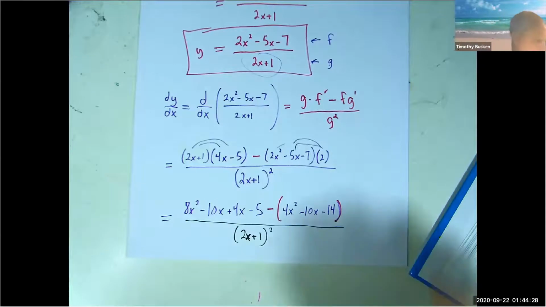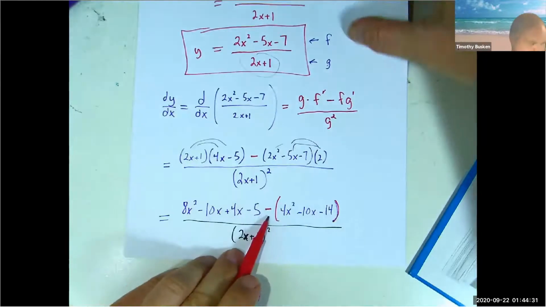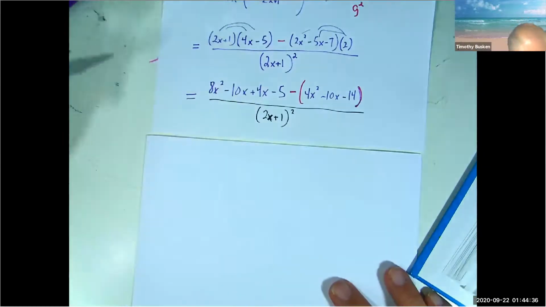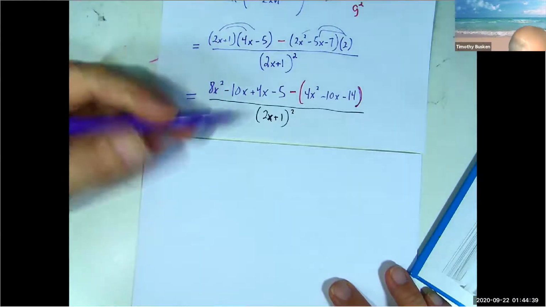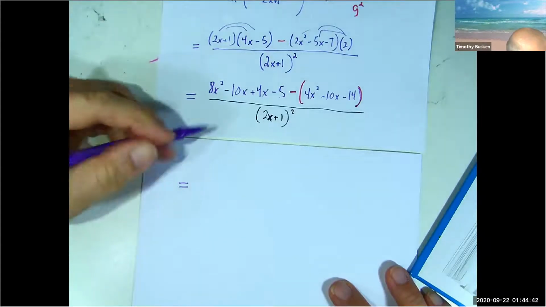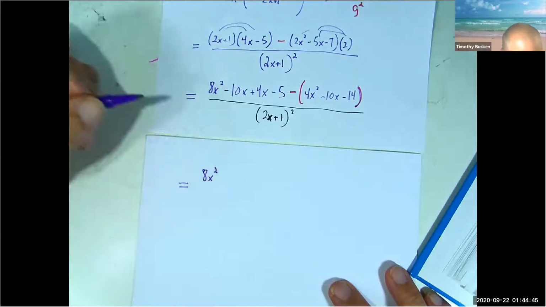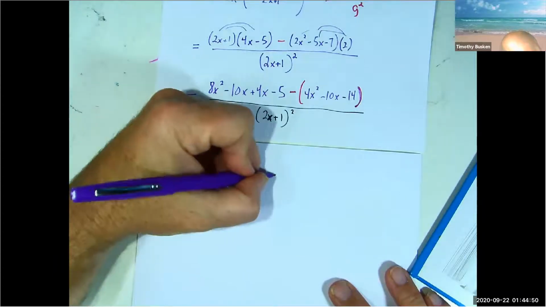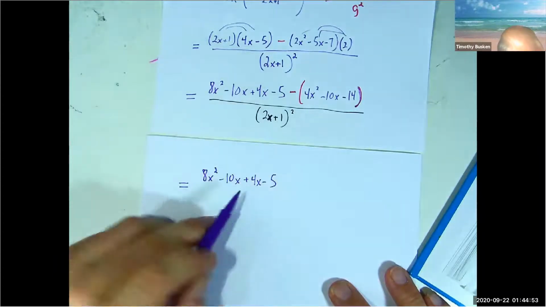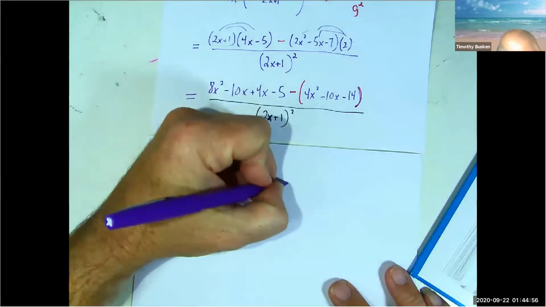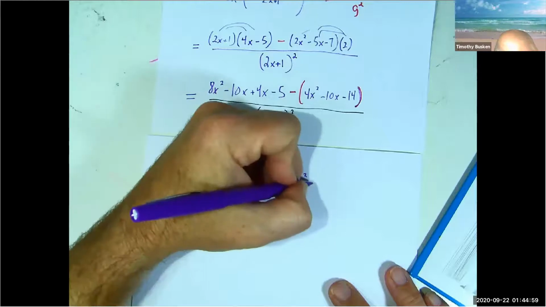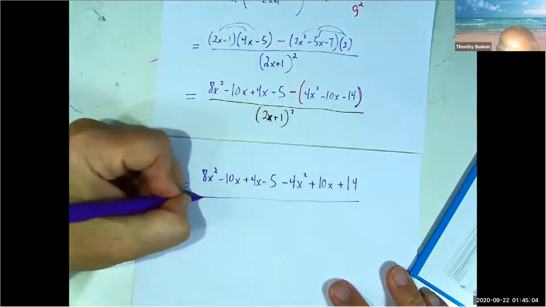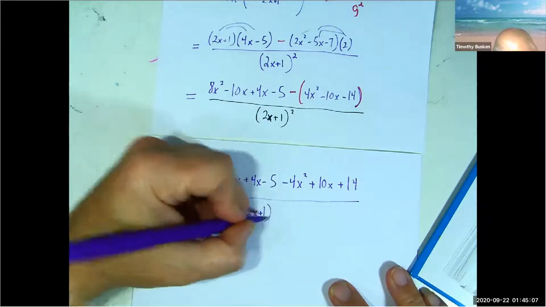Okay, so now I'm going to remove this parentheses and distribute the negative. Afterwards, we'll combine like terms, and hopefully we'll have a more simplified version of the derivative for this function. So that's giving us 8x squared minus 10x plus 4x minus 5. Whoops, I guess I can combine those together. I guess I'll do that on the next step. And then minus 4x squared plus 10x plus 14 all over 2x plus 1 quantity squared.